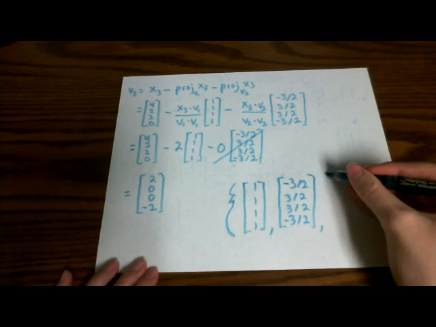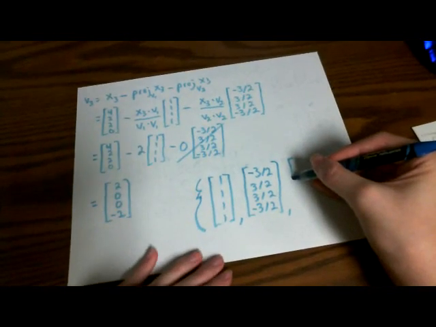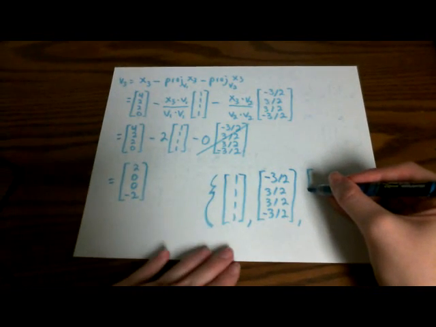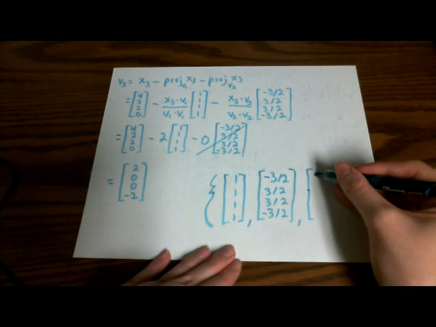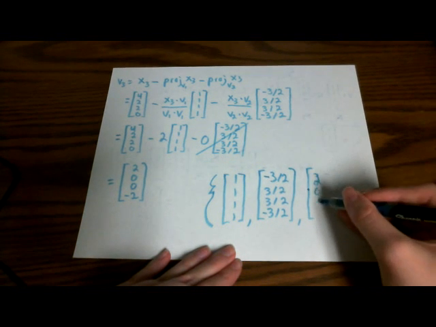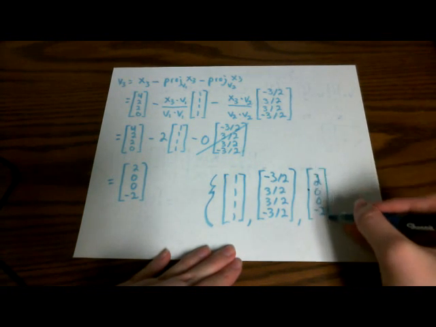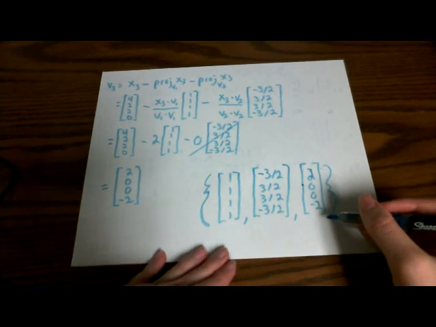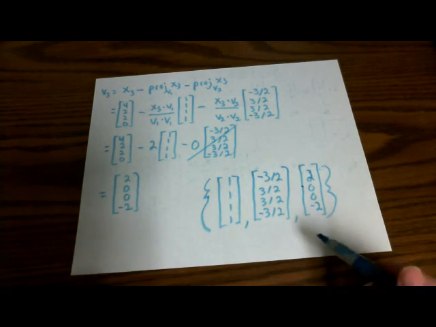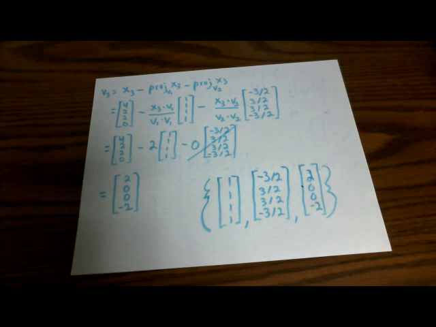And then the V3. And so here is the orthogonal basis, and we can move on to the next step, which is finding the orthonormal basis.